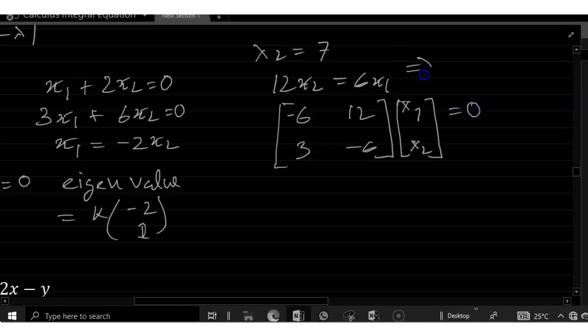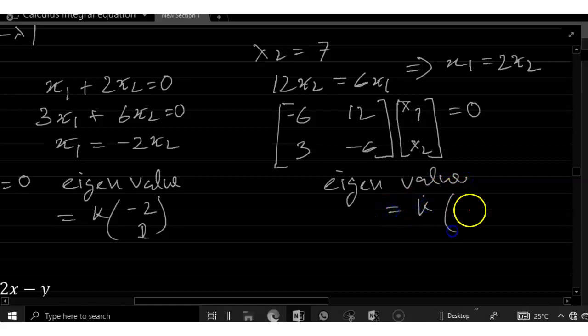Then I get easily that x1 is equal to 2x2. So the eigenvector is (2, 1).